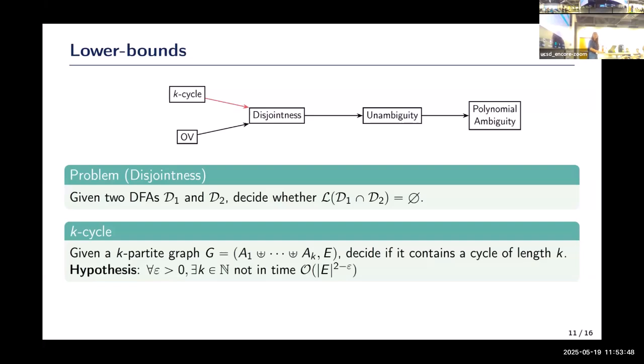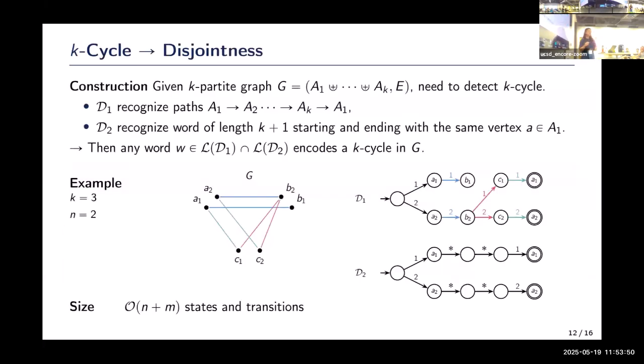And to reduce this to disjointness, I'm going to use the fact that because in disjointness I have two DFAs, I can check for two properties simultaneously. So I'm saying that a K-cycle is both a path of length K and a cycle. So a path of length K means I start from the set A1, I traverse all my partitions and I end up in A1 again. And so this can be checked by, basically I'm just going to copy the whole graph.